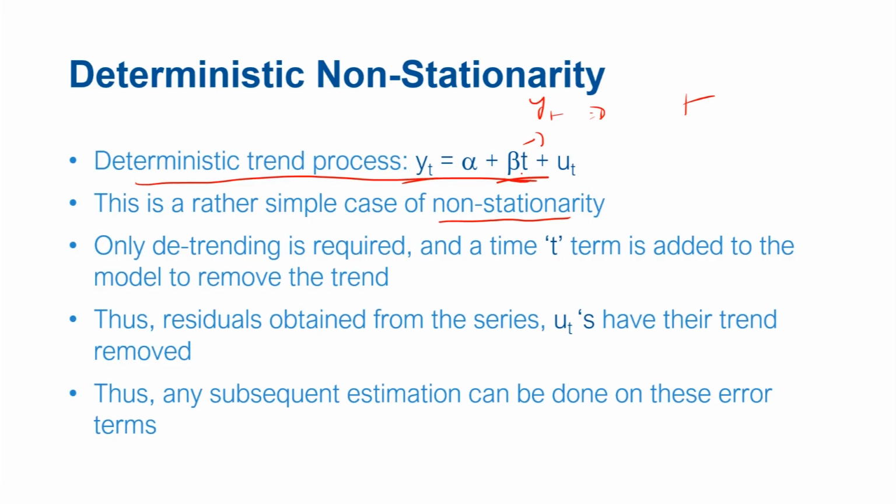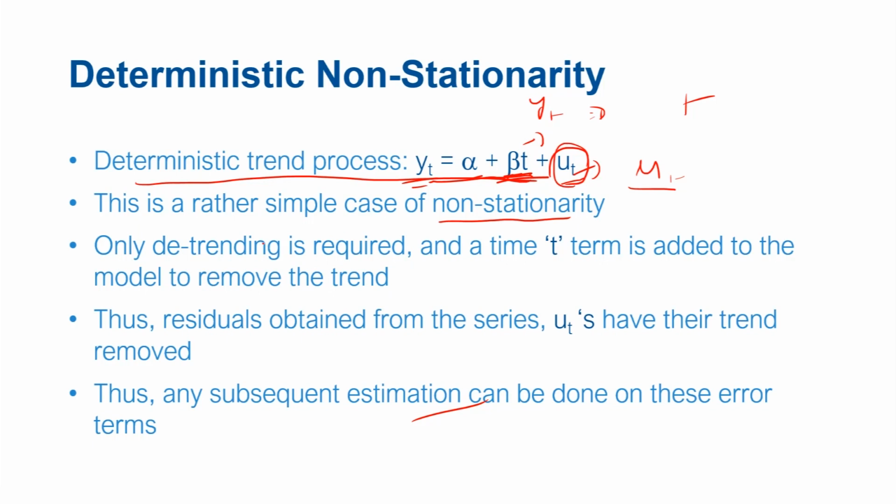Once you model out the time trend, you will find the coefficient beta and the constant term alpha, and the residuals mu-t will not have a time trend. All subsequent modeling and estimation can be performed on mu-t, for example testing for white noise character, or any such test.